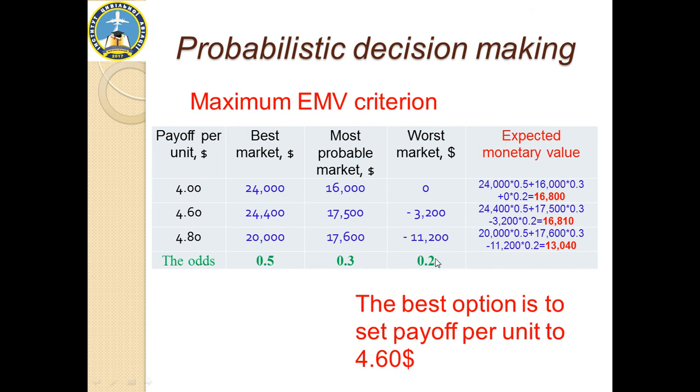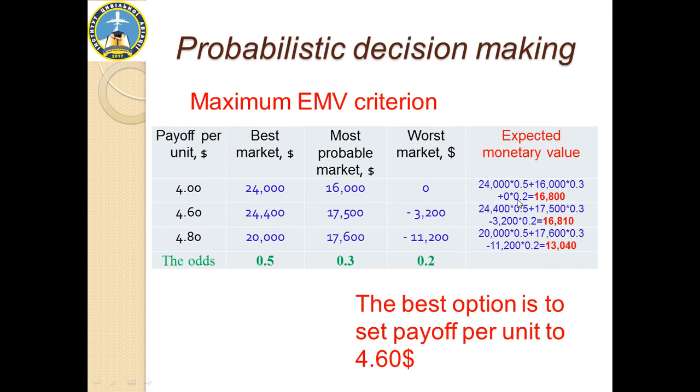So in total it will look like this: 24,000 times 0.5, plus 16,000 times 0.3, plus 0 times 0.2. In total, this will equal 16,800.